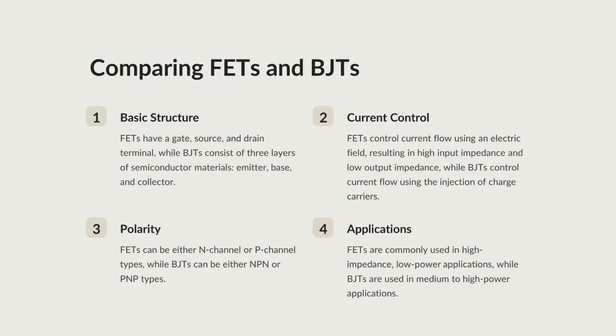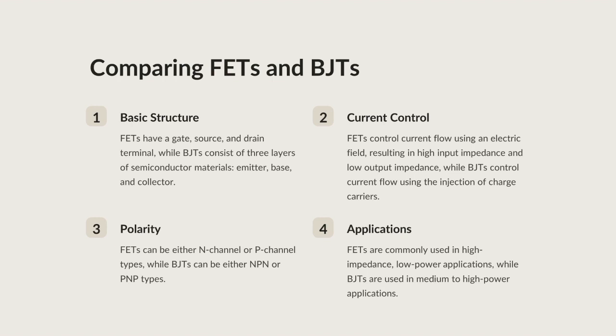FETs control current flow using an electric field, resulting in high input impedance and low output impedance, while BJTs control current flow using the injection of charge carriers. 3. Polarity. FETs can be either N-channel or P-channel types, while BJTs can be either NPN or PNP types. 4. Applications. FETs are commonly used in high impedance, low power applications, while BJTs are used in medium to high power applications.